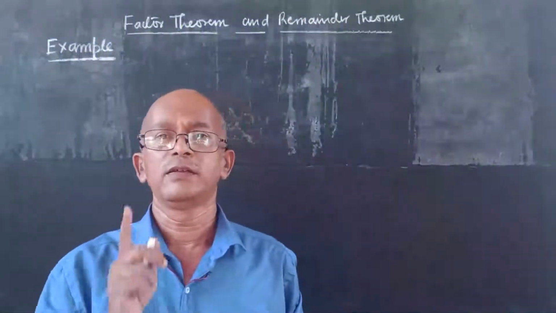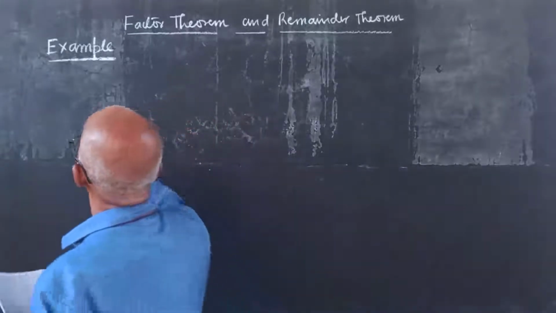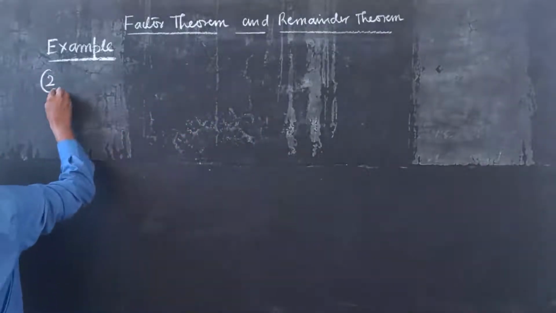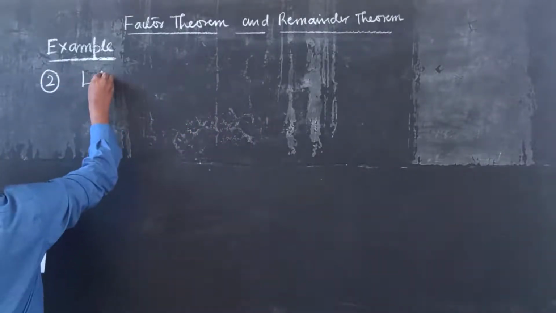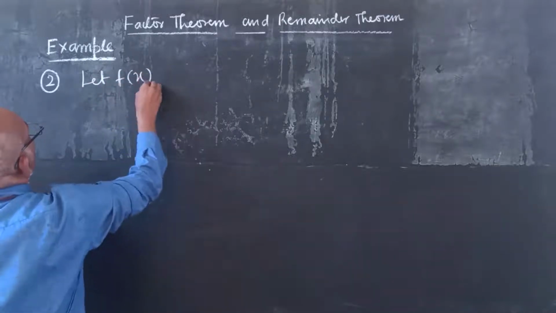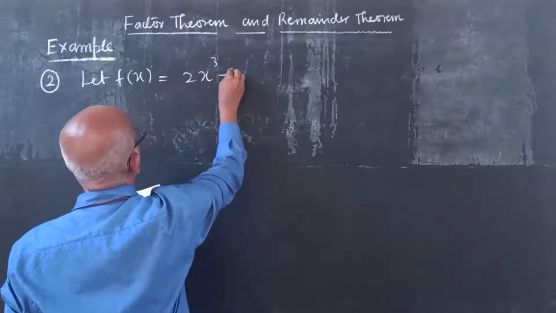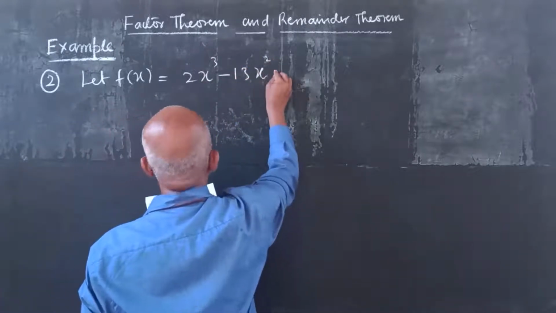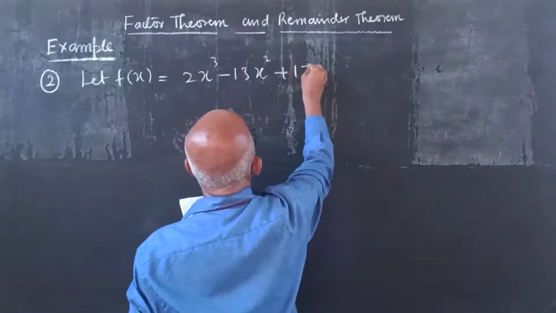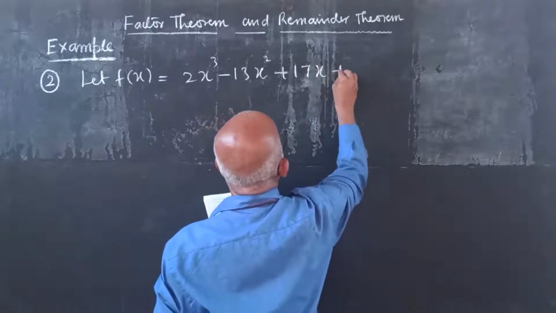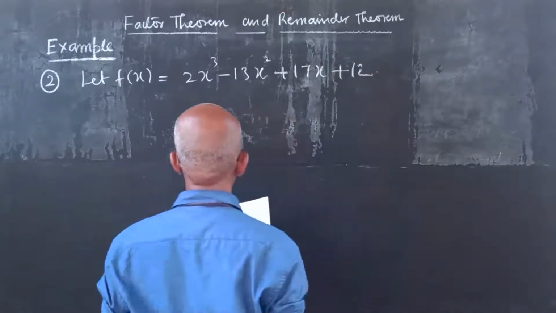Now we shall take a second example. Let us take the polynomial f of x is equal to 2x cube minus 13x square plus 17x plus 12.